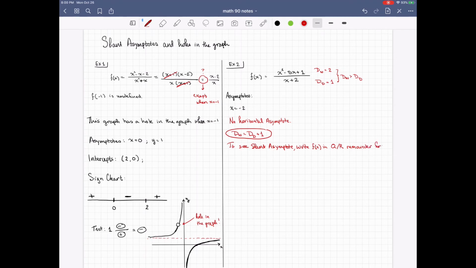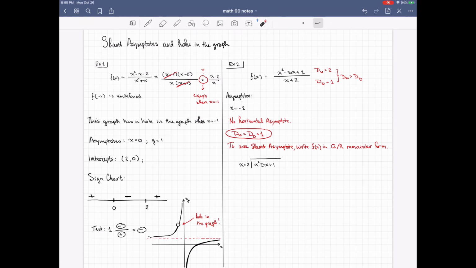And while we could use synthetic division here, because we're dividing by x plus 2, since the denominator isn't always going to lend itself to synthetic division, I'm going to go ahead and use long division here. So I have x squared minus 5x plus 1, and I'm dividing it by x plus 2. Good old-fashioned long division, right?